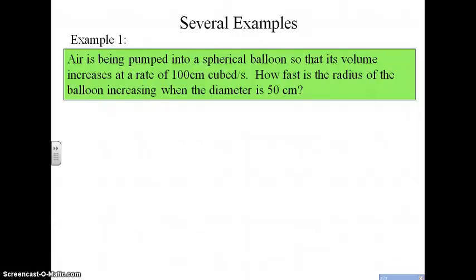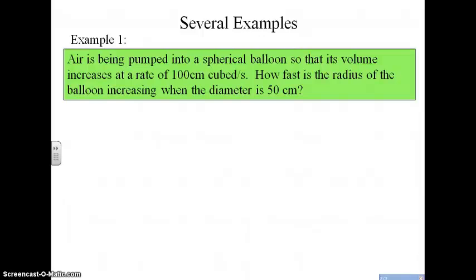Our process is going to involve drawing a picture, drawing a mathematical model, coming up with functions and relating one part of the problem to another part of the problem, and then implicitly differentiating with respect to time and so forth.